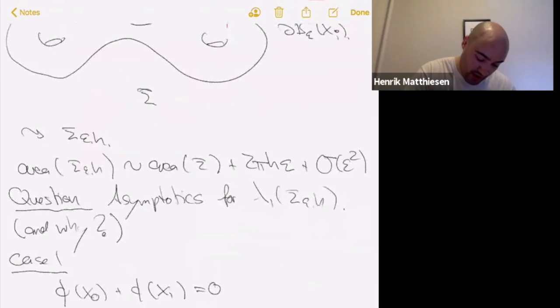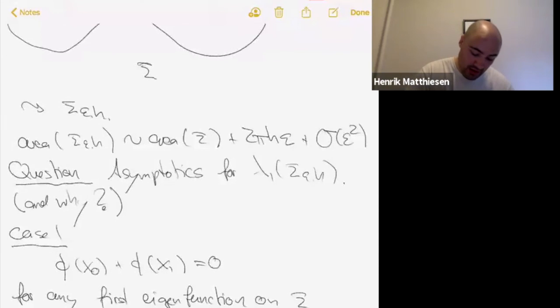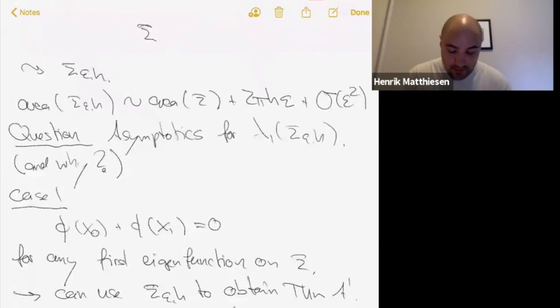Case 2 is that that's not the case. So there is phi naught, a lambda 1 sigma eigenfunction, non-trivial of course, such that phi naught at x naught plus phi naught of x1 is not equal to 0. Now let me make things a bit simpler.